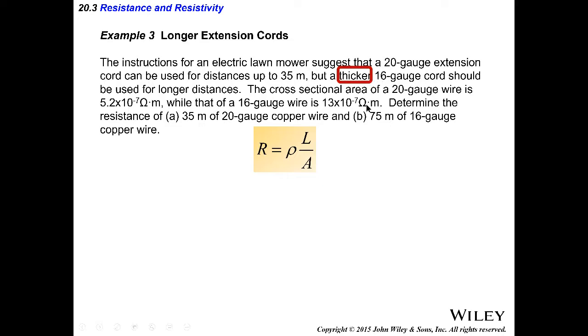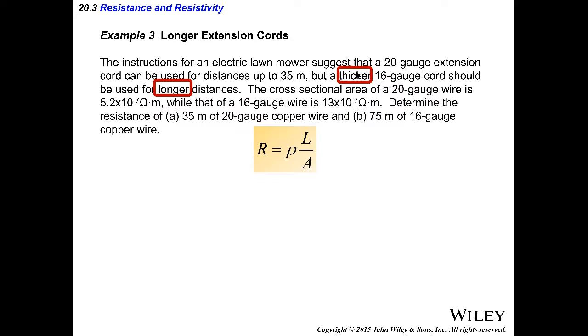Now, what they are trying to show us is that if you want a long cord, it's better to use a thicker extension cord. Are you following what I'm saying here? If you need a long one, like for a lawnmower, you need a long extension cord because your outlet is somewhere in your garage and you are using the lawnmower out in the lawn.